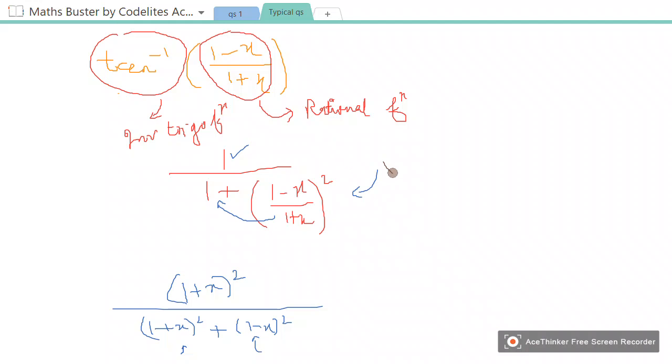This rational function is your input for tan inverse, so we will differentiate this input: d by dx of 1 minus x upon 1 plus x.